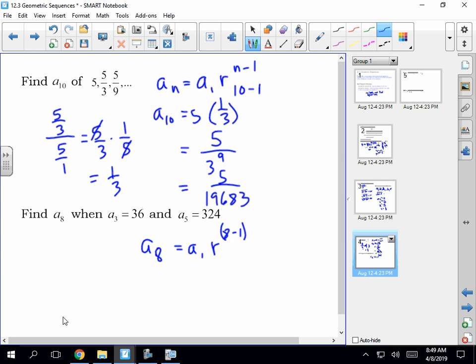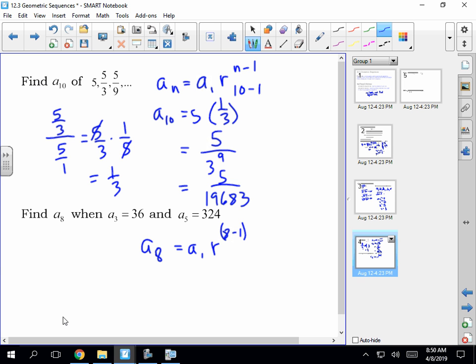There's multiple ways, I guess, we could go about finding a sub 1. If I could find the geometric mean between these two, then I would have 3 terms in sequence, and I could then find r that way. That would be one way to do this.